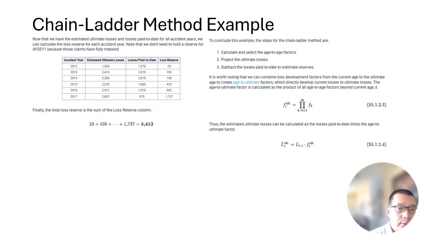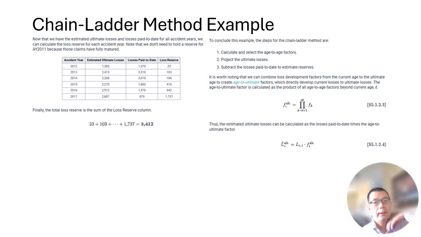In this example, you just need to calculate the loss reserve for each of the years from 2012 to 2017, and since we know the loss paid to date number here, the difference is the loss reserve, and we add them together to be 3412.